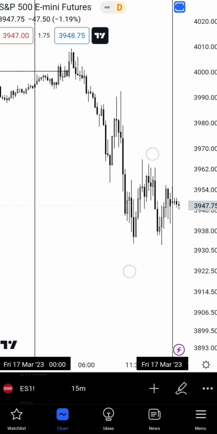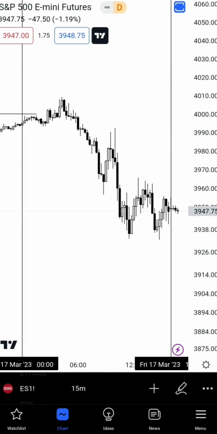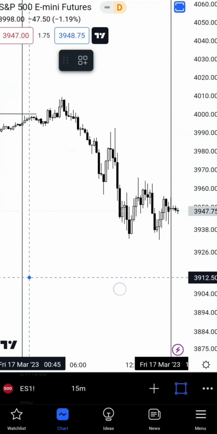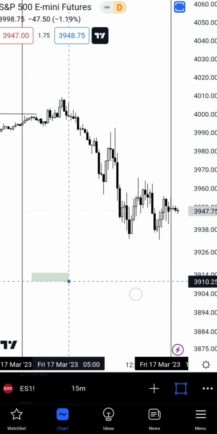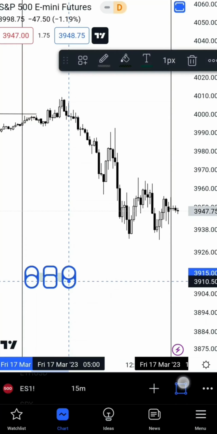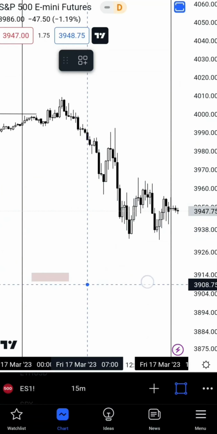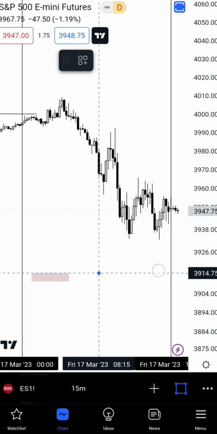So we have the previous day's high right here. All right, we draw the kill zones, the so-called ICT kill zones. We go from 1 to 5. That's the London kill zone. We go from 8:15 to 12.